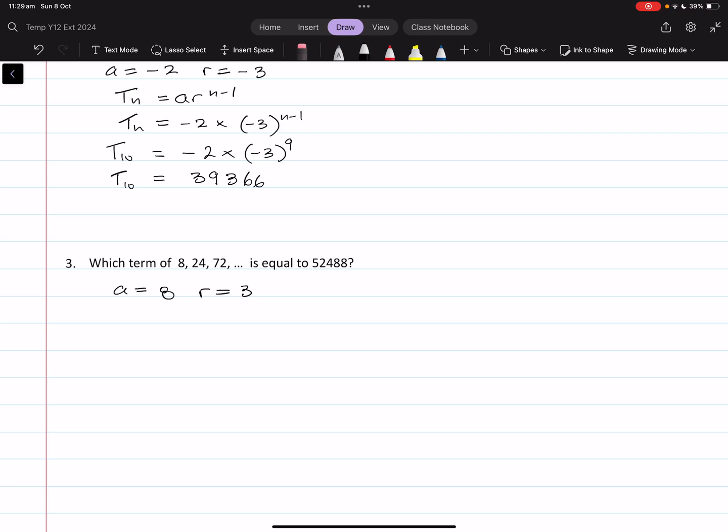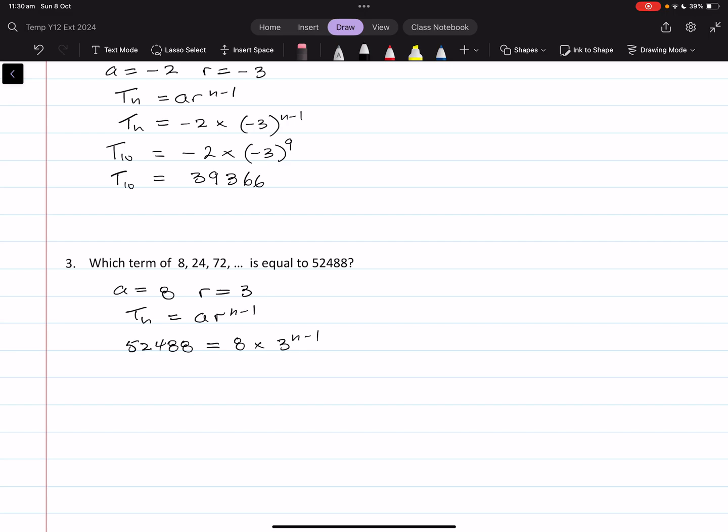So our nth term is equal to AR to the n minus 1. That's our formula. And we have our nth term is 52,488, and that's going to equal AR to the n minus 1, which is 8 lots of 3 to the power of n minus 1.